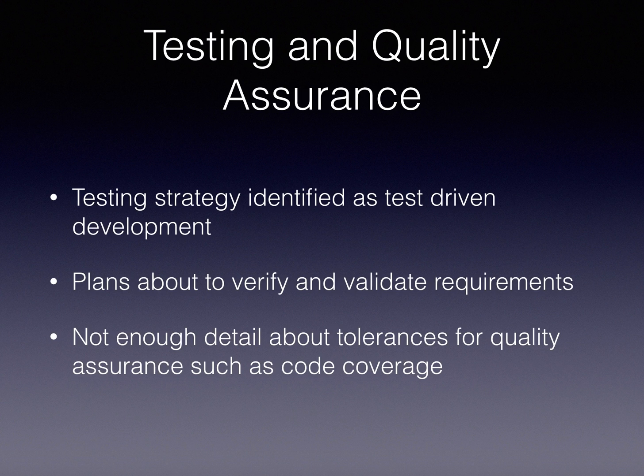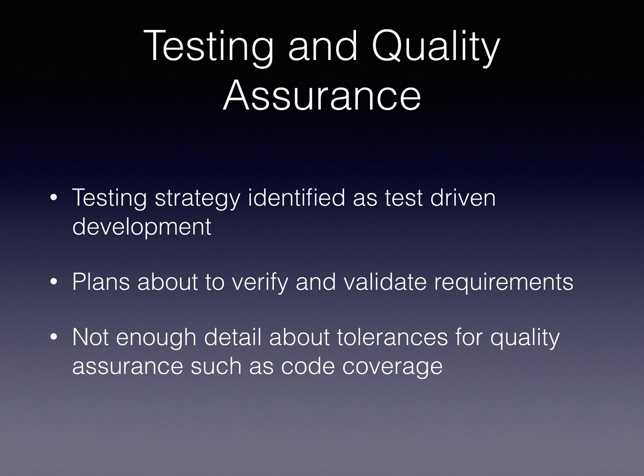The testing and quality assurance allowed for a testing strategy identified as test-driven development, where we followed the things set out in the Uncle Bob Martin video of the 3 rules of test-driven development.